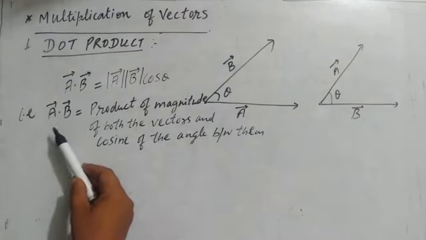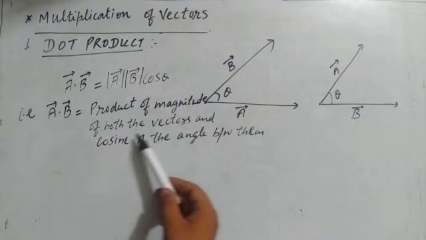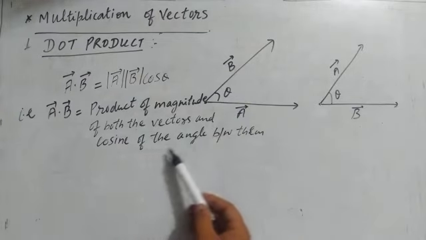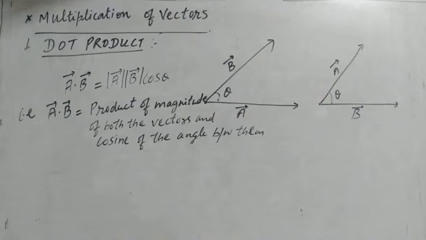Hence, A vector dot B vector is equal to the product of magnitude of both the vectors, A vector and B vector, and cosine of the angle between the two. This method is called dot product.